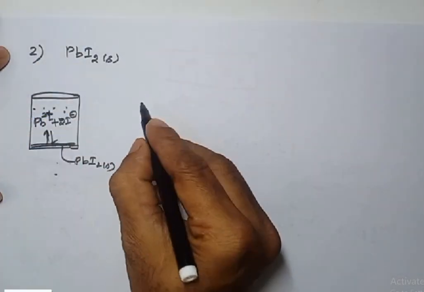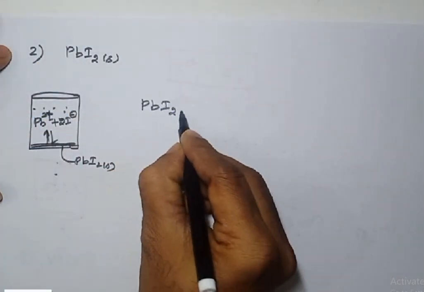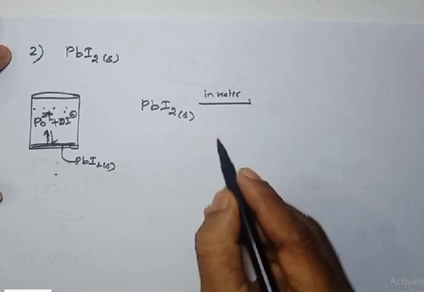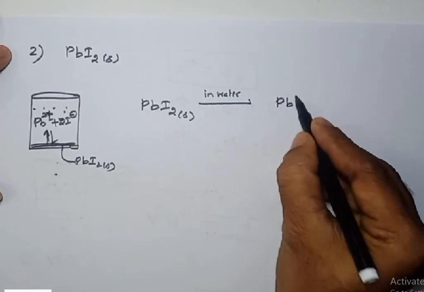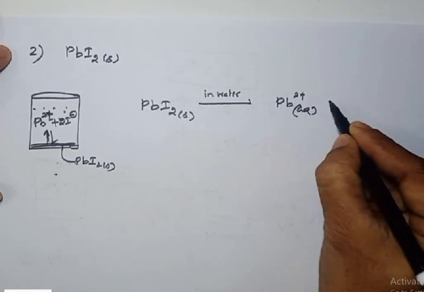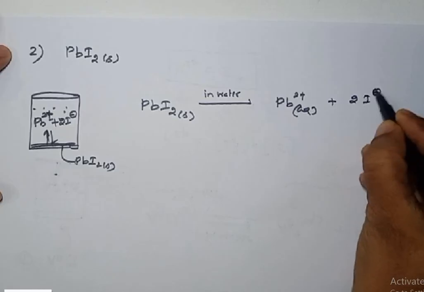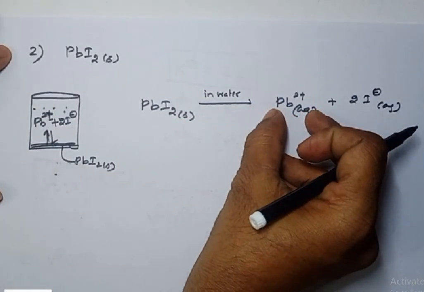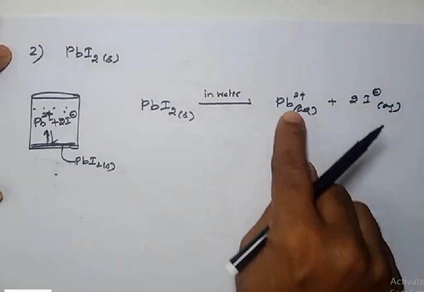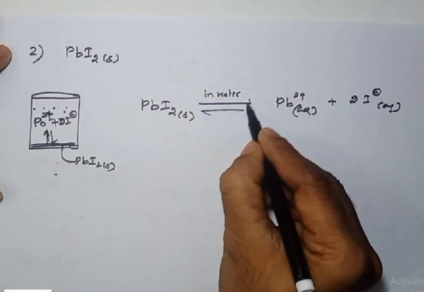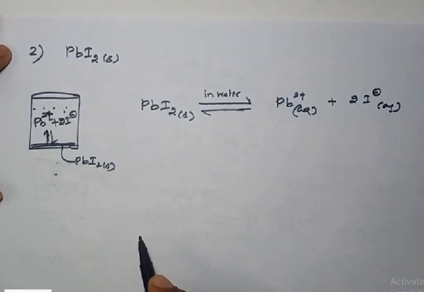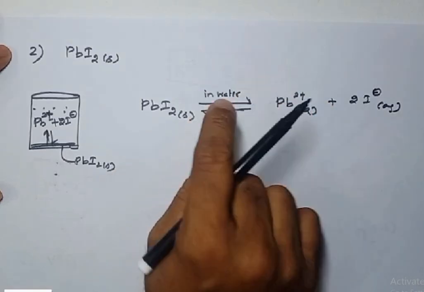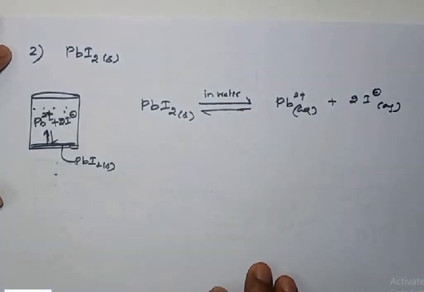At the equilibrium, listen carefully, PbI2 solid in water dissociates to give Pb2+ ion in aqueous medium plus 2 iodide ions in aqueous medium. Each molecule will produce 1 Pb2+ ion and 2 iodide ions. Then these ions recombine and form the lead iodide back. So the forward and backward reactions both occur at equilibrium, with the same speed.